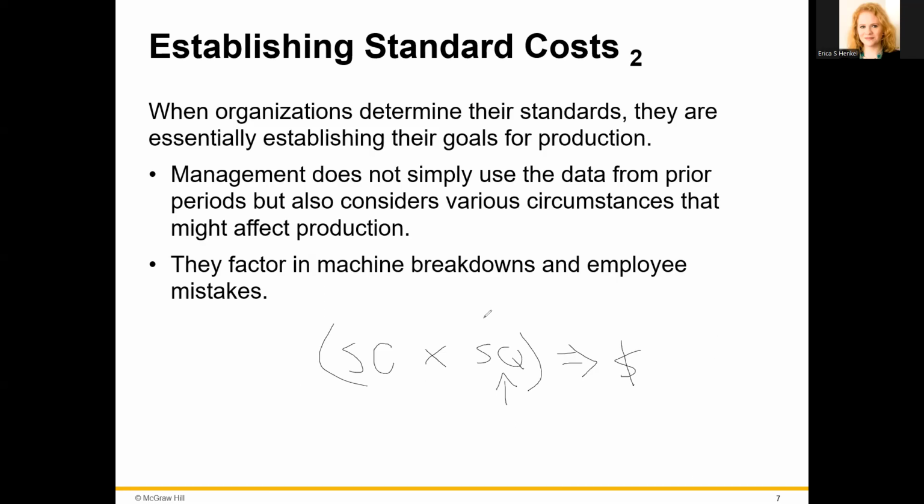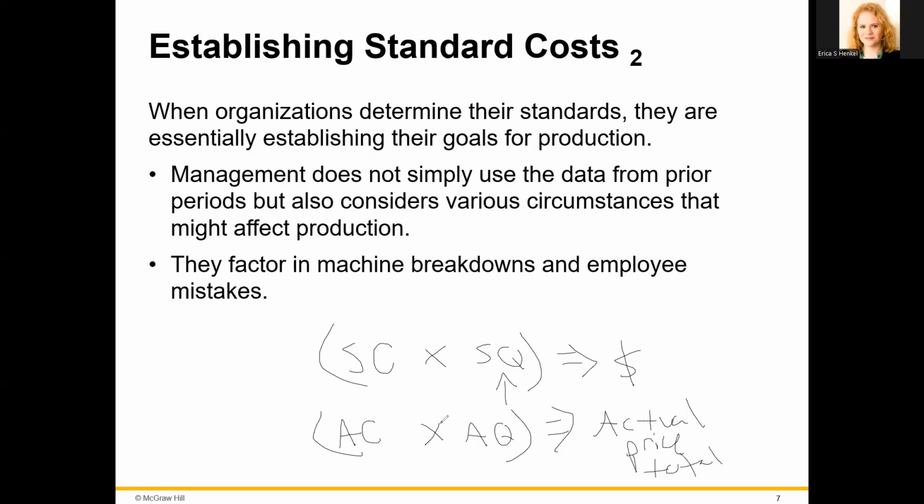And then what you actually pay is going to end up being the actual cost per unit times the actual quantity of units. And that's going to be your actual price paid for that number of units. So the actual price total.